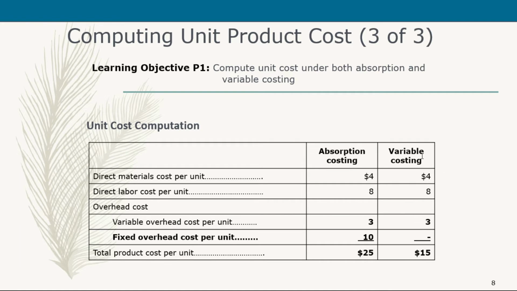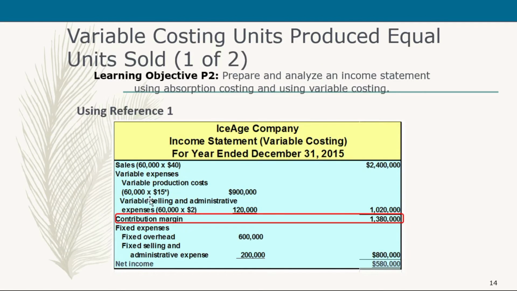It only includes your direct material, direct labor, and your variable overhead cost per unit. So that will give us a total of $15 as your product cost under variable costing. That's why your computation here is 60,000 units multiplied by $15 per unit as your product cost under variable costing. Are we done? Not yet.